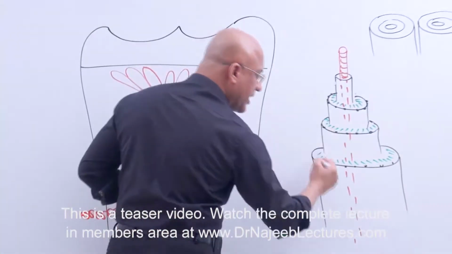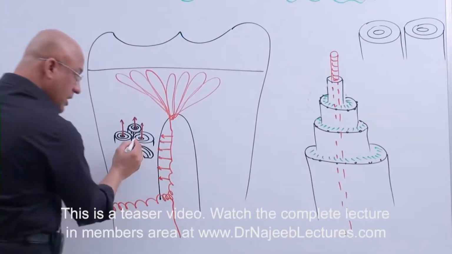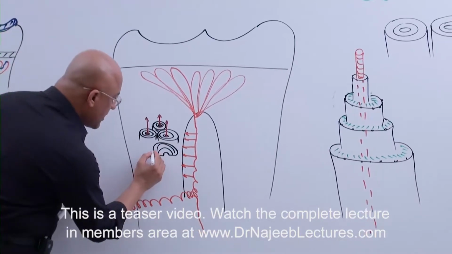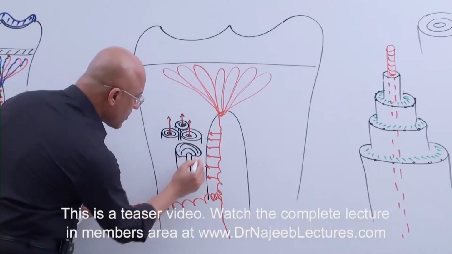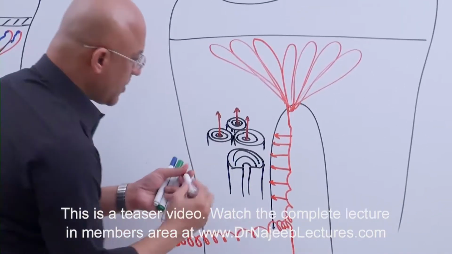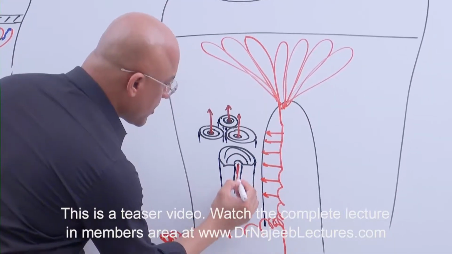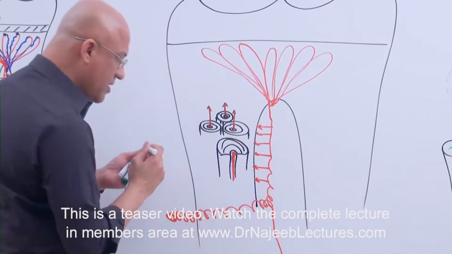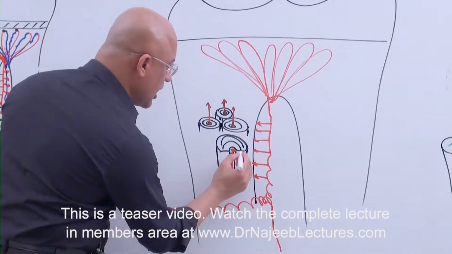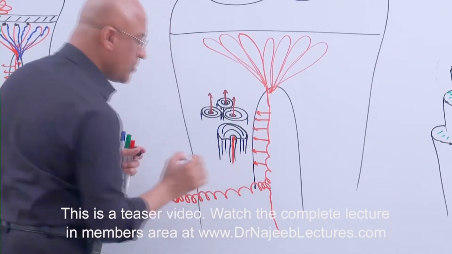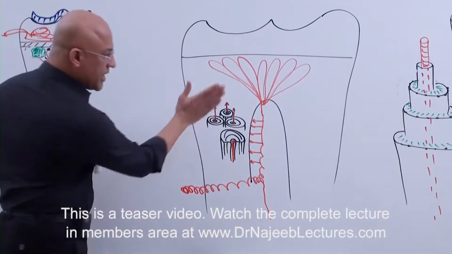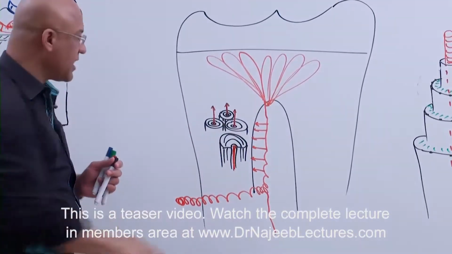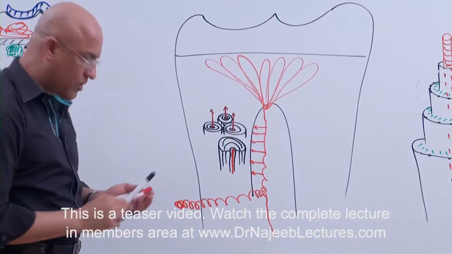And what is this canal you can see? Haversian Canal, right? And here are these lamellae. Am I clear? I have made a section, a longitudinal section, and here is the horizontal section, right?